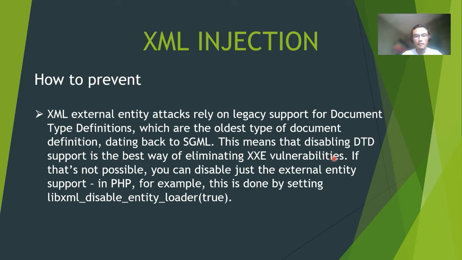This means that disabling DTD support is the best way of eliminating XXE vulnerabilities. If that's not possible, you can disable just the external entity support through PHP. For example, this is done by using the library function libxml_disable_entity_loader and setting it to true.